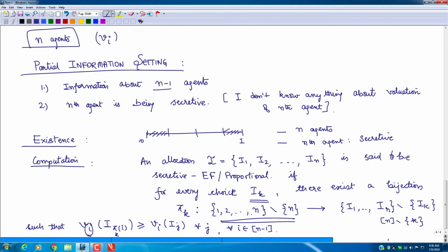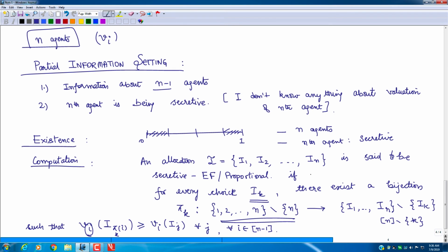It doesn't make sense. So what I want is, let the secretive guy come, having already done the division, pick a piece of his own choice like a boss, and then leave the system. Now there are remaining n minus 1 pieces in this particular allocation.